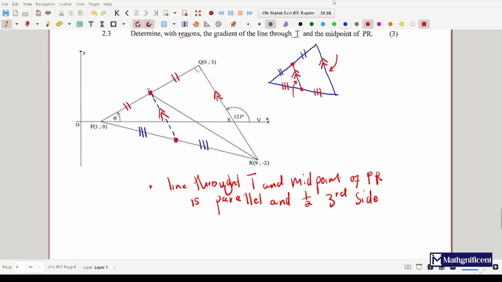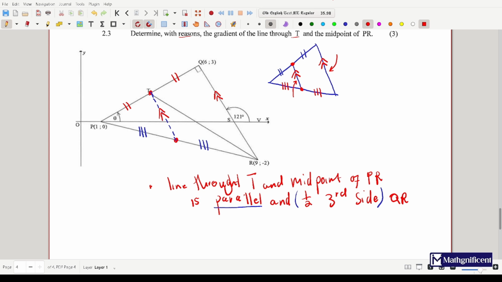But in this case, because we are only interested in the parallel aspect, we don't have to mention the half. So we only have to mention that it is parallel to line QR, from our triangle here.